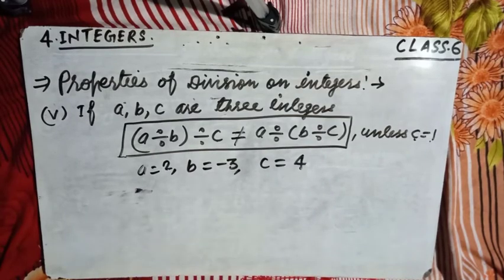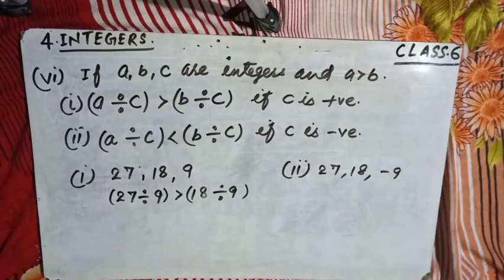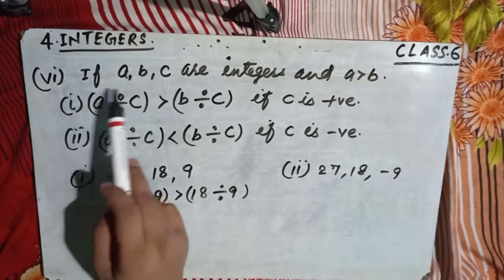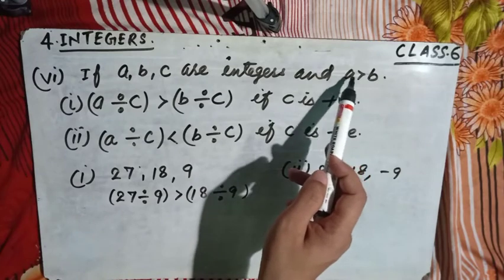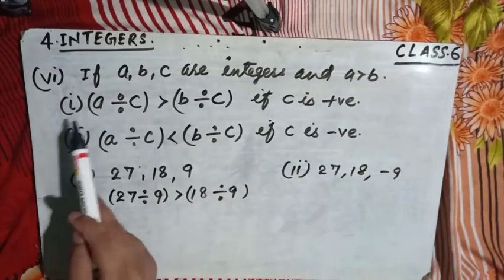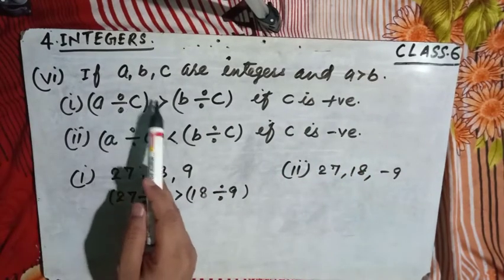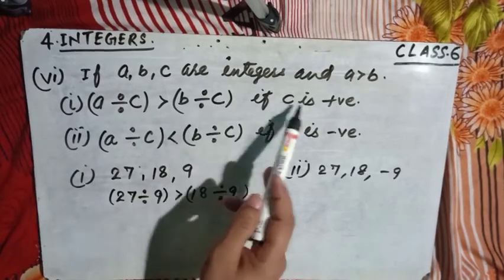Now friends, see the sixth point: if a, b, c are integers and a is greater than b, then a divided by c is greater than b divided by c if c is positive.